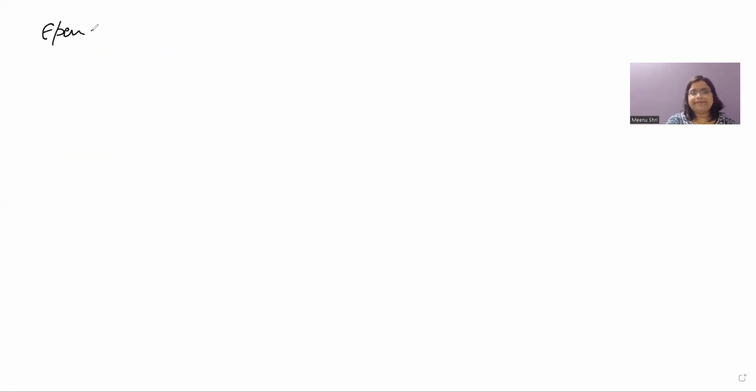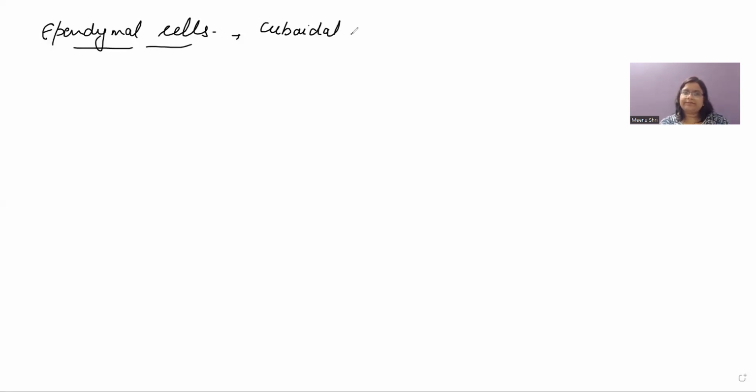Now come to the ependymal cells. Ependymal cells are cuboidal to columnar shaped cells.